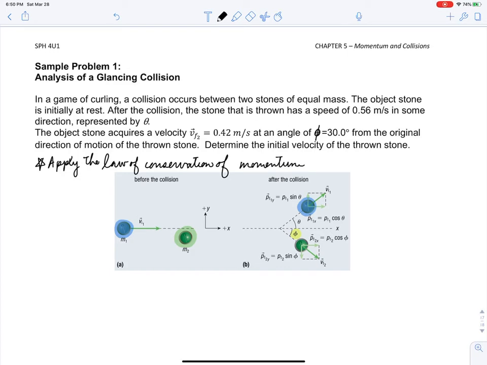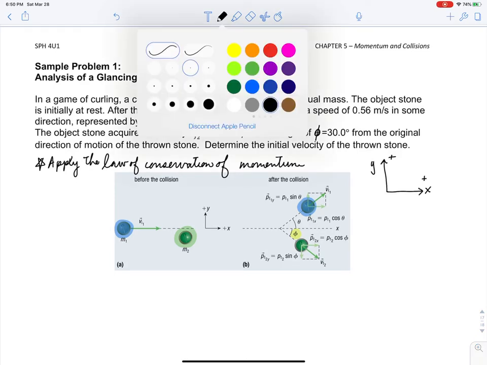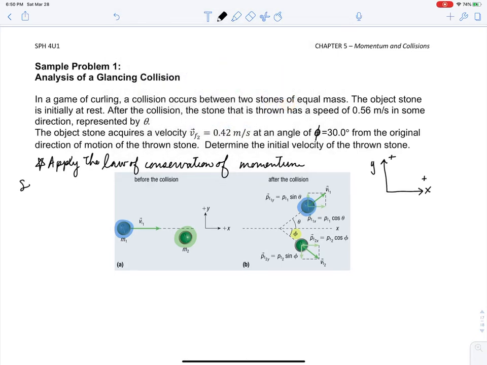I want to establish a direction convention as well, showing in which direction we're considering positive. So we're going to look at the law of conservation of momentum separately, so we're going to separate the x and y direction.